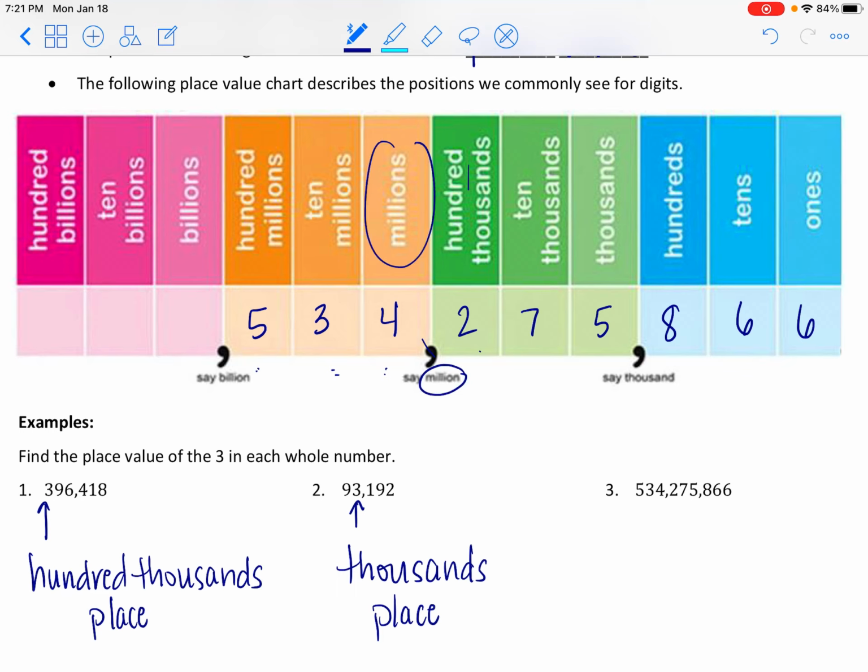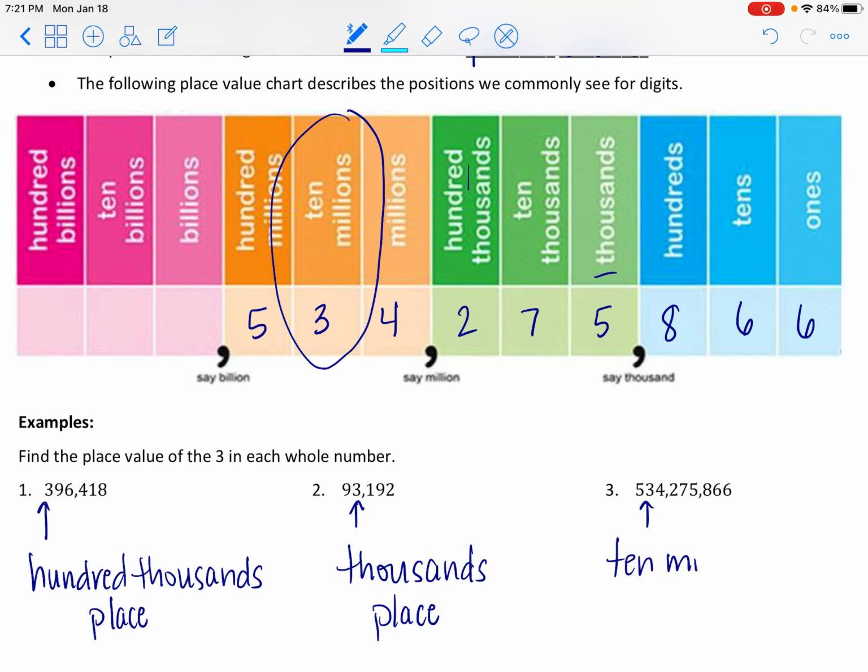Million. And then 275,000, and then 866, okay? But what we're looking for here is the place value for the 3. So the place value for the 3 is in the 10 millions place. So that 3 is in the 10 millions place.